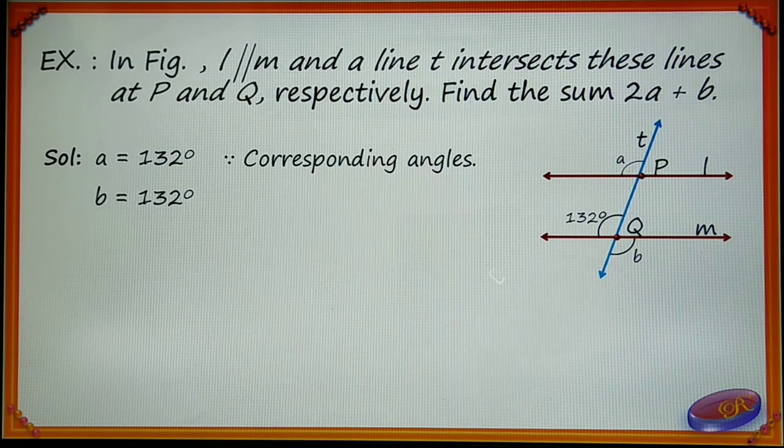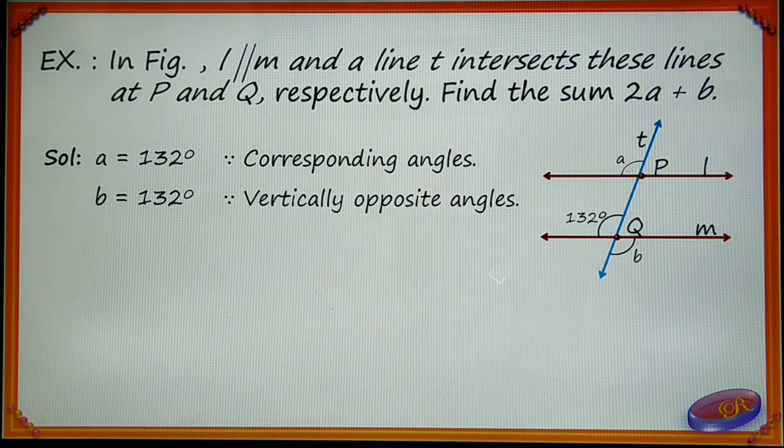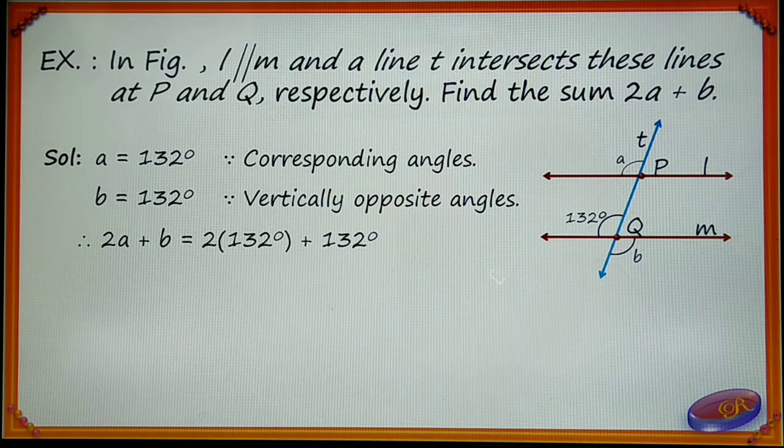B is equal to 132 degree because of vertical opposite angles. Therefore, 2A plus B is equal to 2 into 132 degree plus 132 degree is equal to 264 degree plus 132 degree is equal to 396 degree.